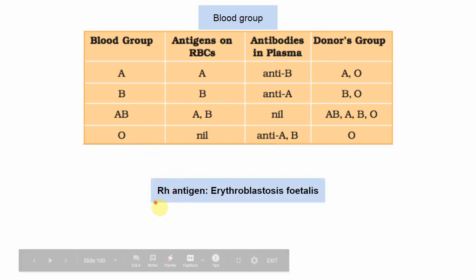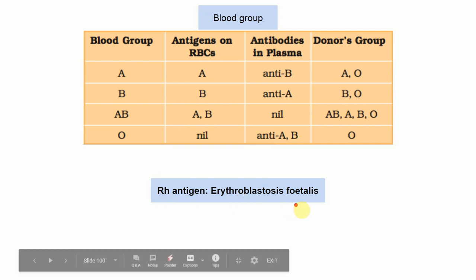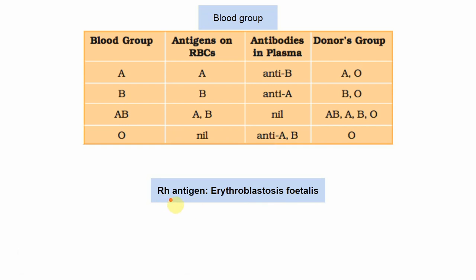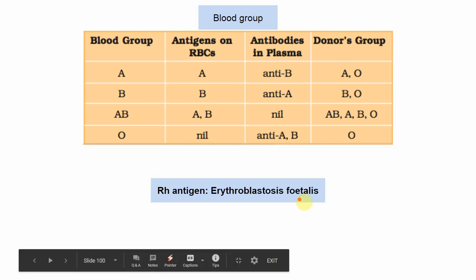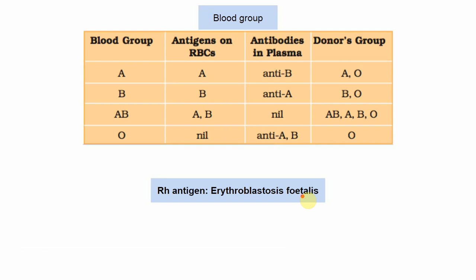So now here you see an interesting hemolytic disease called erythroblastosis fetalis, which mainly arises because of complication in the Rh antigen. So Rh antigen is again present on the RBC only. So remember, the person who is having Rh antigen, we refer to them as positive, and the person who is not having Rh antigen, we refer to them as negative.